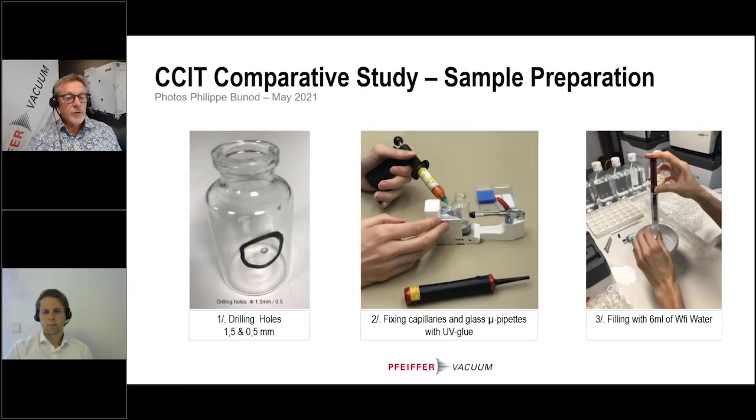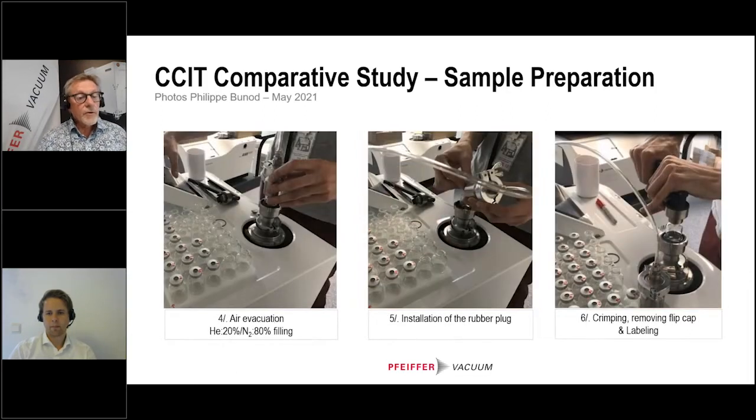So first we drill a hole in the vials, then we install the leak artifact, we glue it with a UV glue, we fill the vials with 6 ml of WFI water, and then using our equipment, we generate the gas headspace.